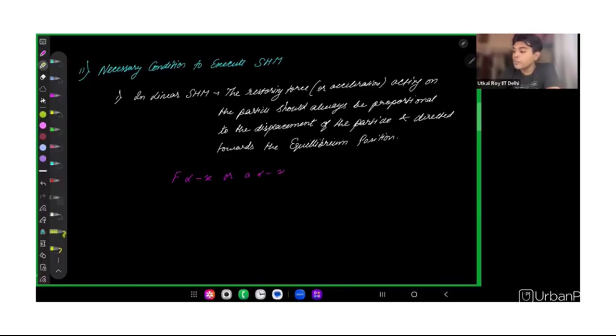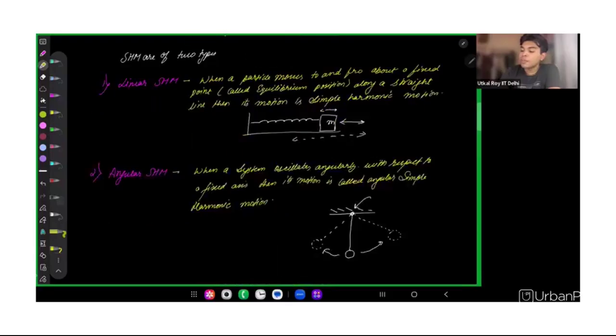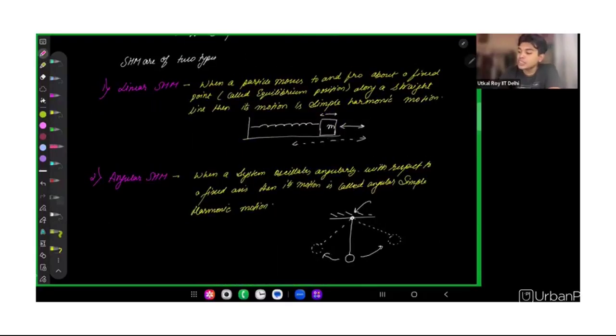Because of this particular point, directed towards the equilibrium position. If my equilibrium position is this, and my block has this movement, the spring will pull the block towards the equilibrium position. The force would be acting in the opposite side of the motion. So if the motion is x, the force will be acting towards minus x.